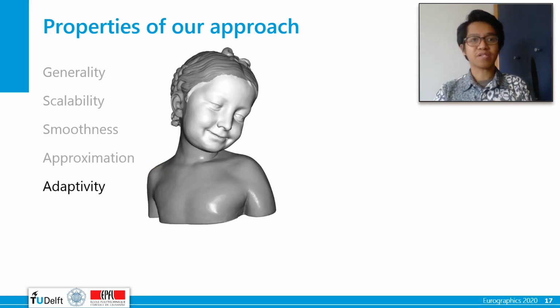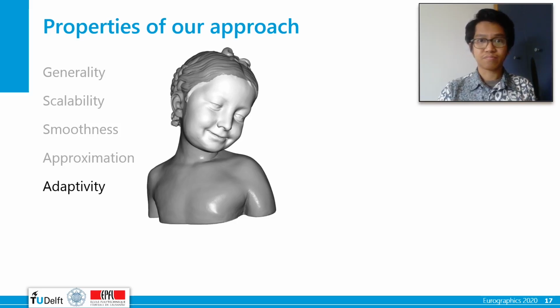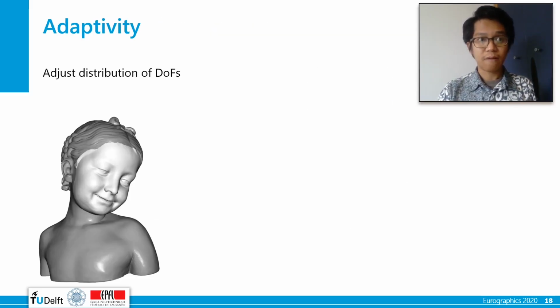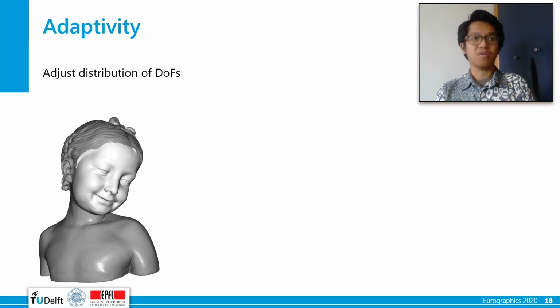The fifth property is adaptivity. It is very simple to make this method adaptive. What we need to do is to change the metric that we use for sampling and region growing. So suppose that we are interested in designing tangential fields at the face of the model.